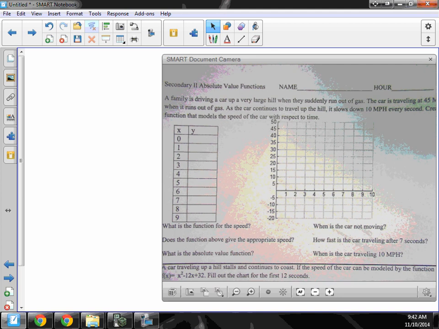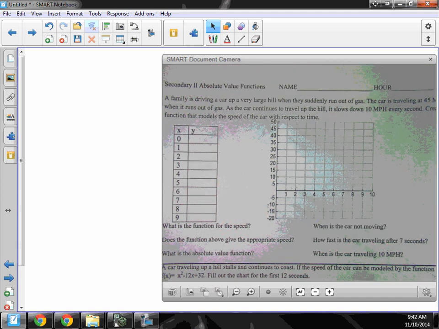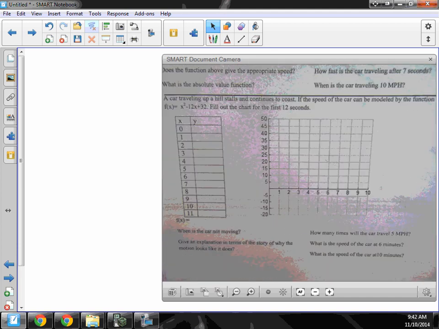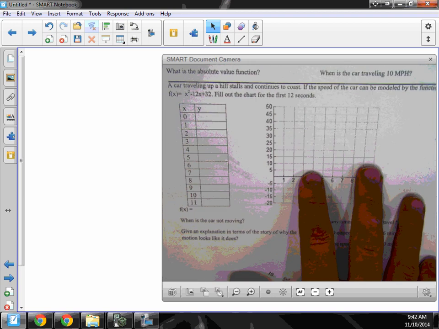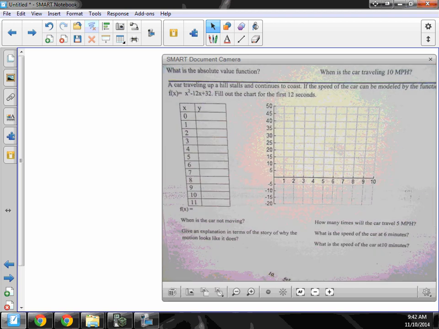Okay. On the second part, you're going to do the same thing, but this time I'm not going to tell you what happens in the story. Instead of giving you the story and asking you for the function, I'm going to give you the function and then ask for the story. So the car's traveling up the hill and the engine dies. And the speed of the car can be modeled by x squared minus 12x plus 32.